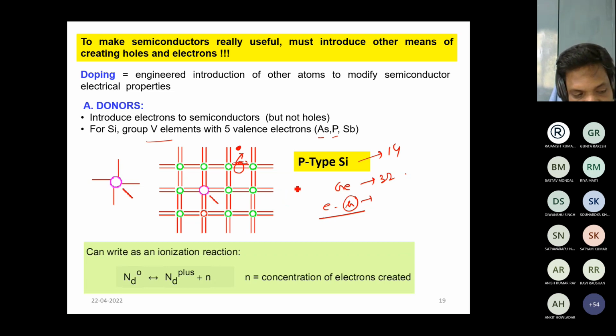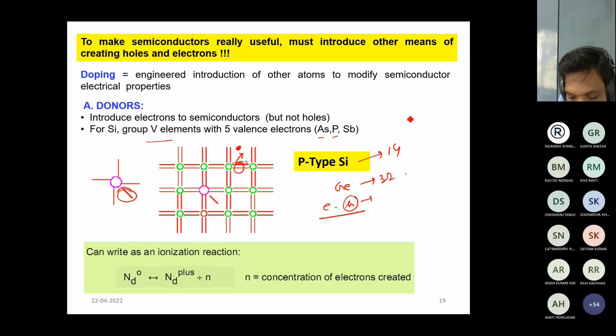Out of these 5 valence electrons, 4 will form covalent bonds, and the other electron is not associated or attached with a covalent bond. It is just bound with the phosphorus atom, or whichever arsenic atom. Just look at this. It is bound with the Coulombic force.